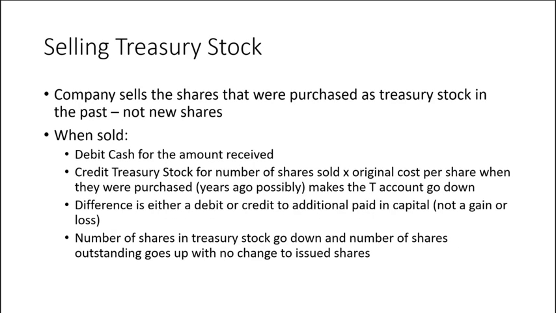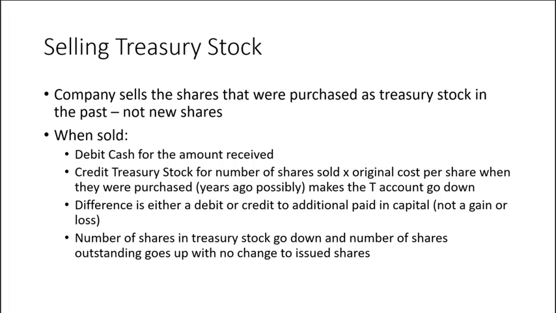So sometimes a company takes the stock it bought back and sells it to someone else, maybe employees or others, but they resell it. So this is not selling new stock. This is reselling treasury stock that was purchased, and now we're going to resell it.